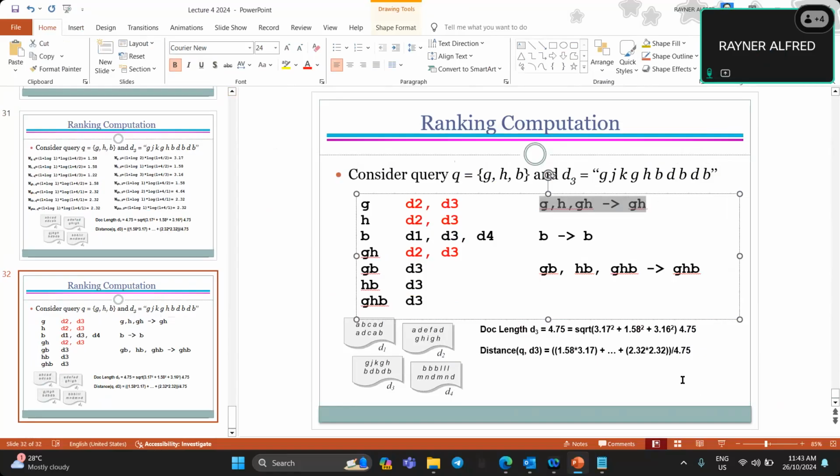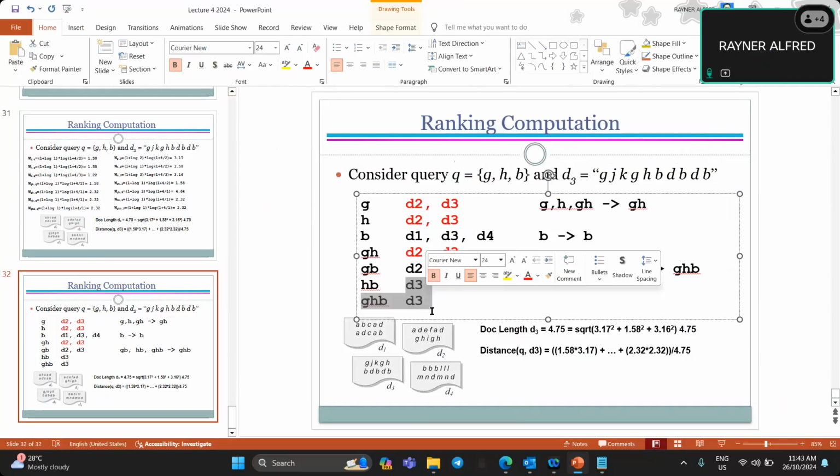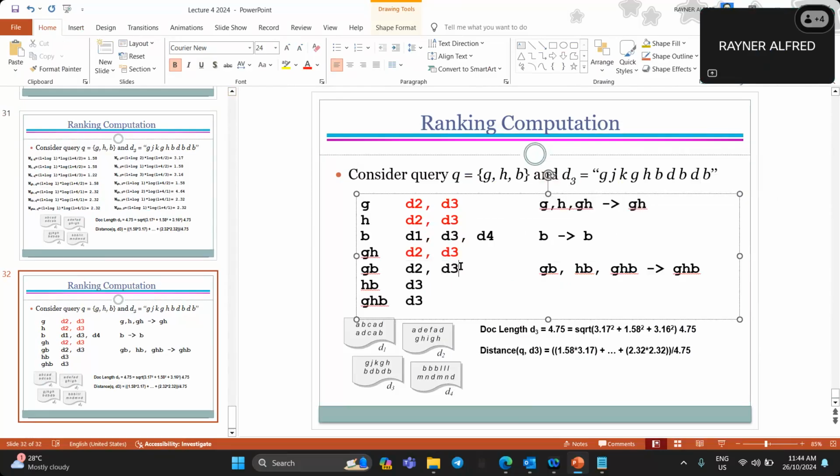If GB is in D2 and D3, then it will not go in here, it will go in the red one. But it could be GHB? In this case it goes into GB only. But this will affect this one, because if we assume they are in GB, then it doesn't make sense here. So it must follow the actual occurrence of the document. Then it makes sense. But in this case, this is 3.